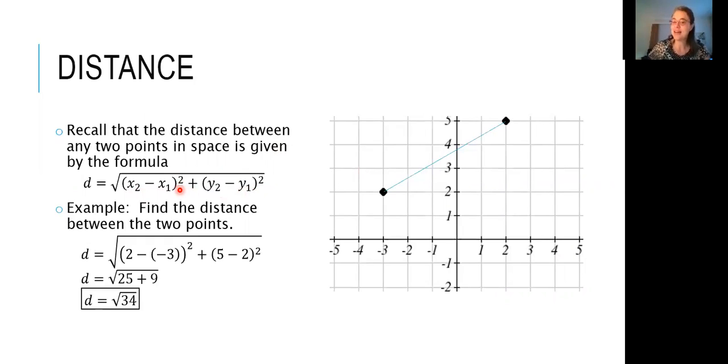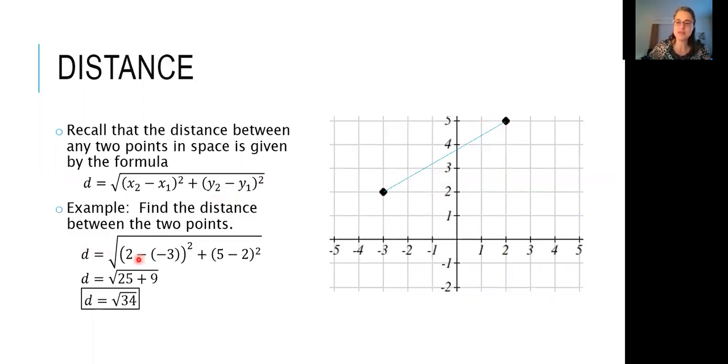So for the graph I have up here, this point is at the coordinates -3, 2. And the other point is at the coordinates 2, 5. We want to find the distance between these 2 points.